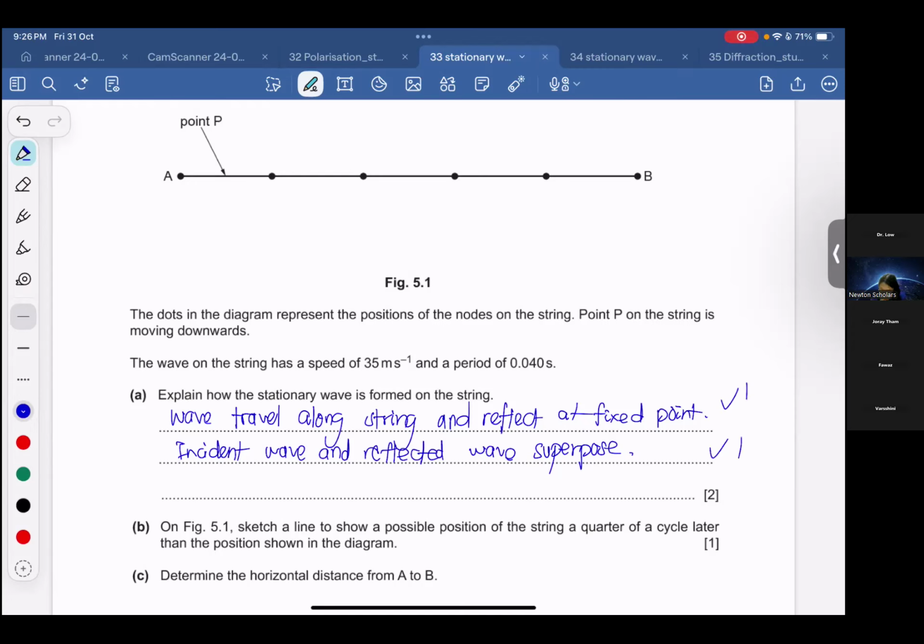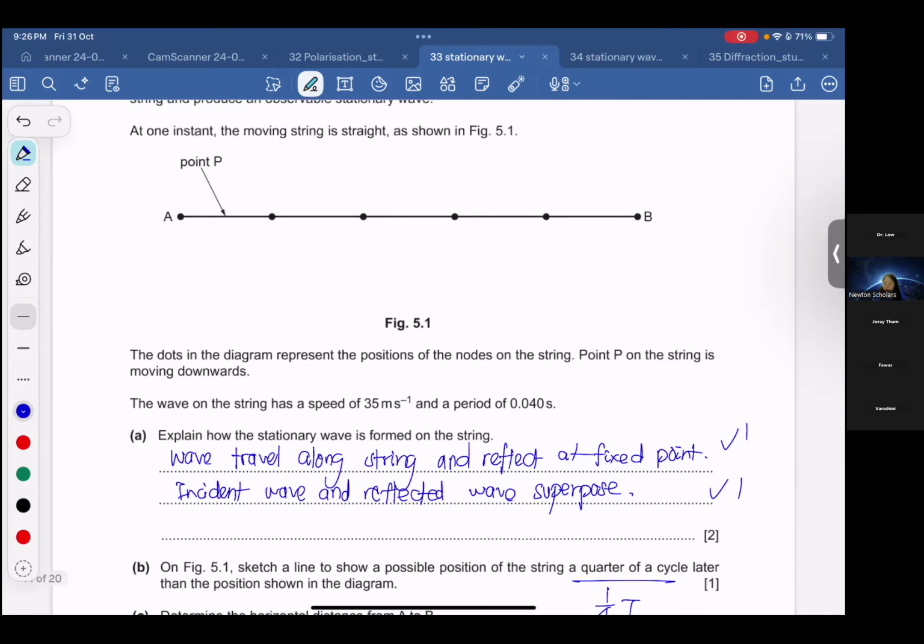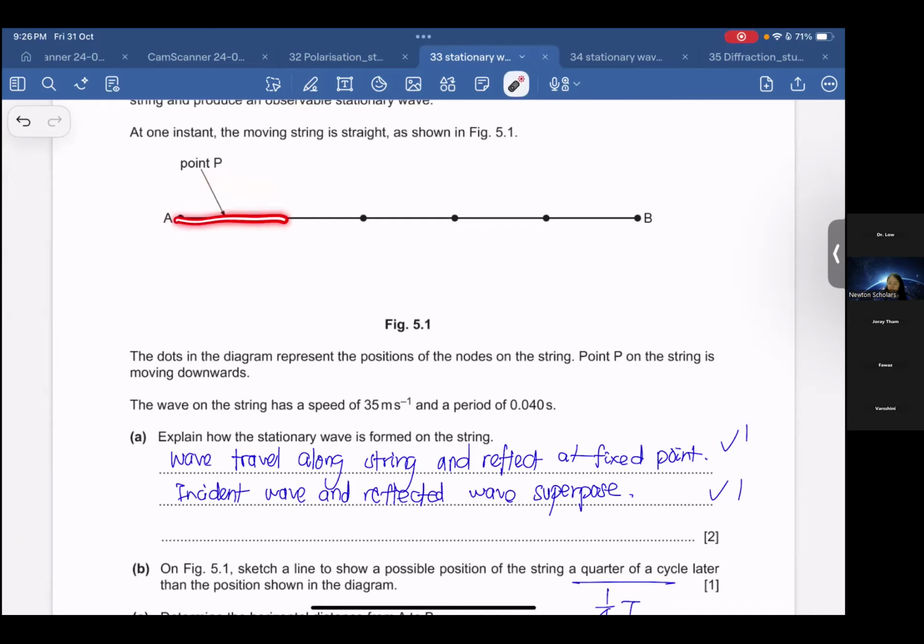Sketch a line to show a possible position of the string a quarter of a cycle later. That means 1 over 4 T. Right? So what do you think? How is your pattern for the first part here? Any of you can tell me? Is it still horizontal, or does it go down or go up? Any of you? 1 over 4.